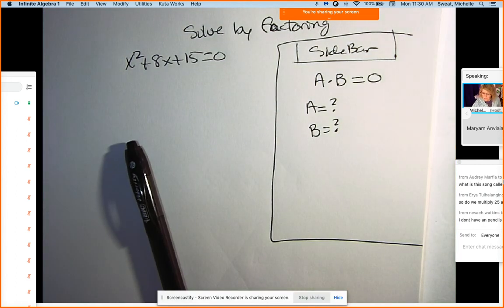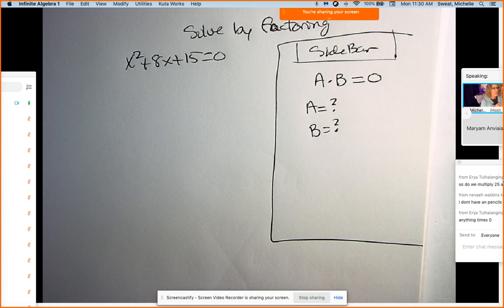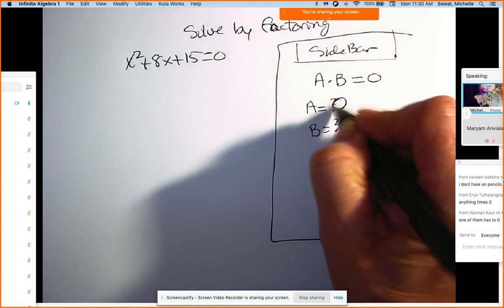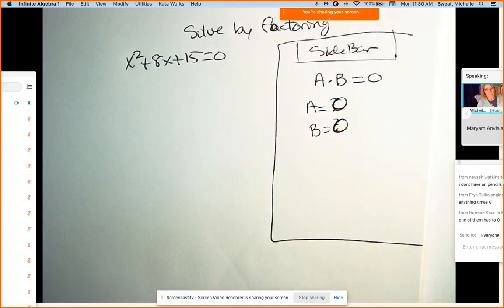What has to be true about one of those two numbers? Okay, someone chime in and tell me what has to be true about a or b. One of them has to be 0, or both of them could be 0.